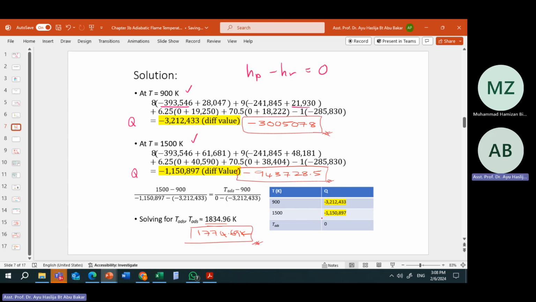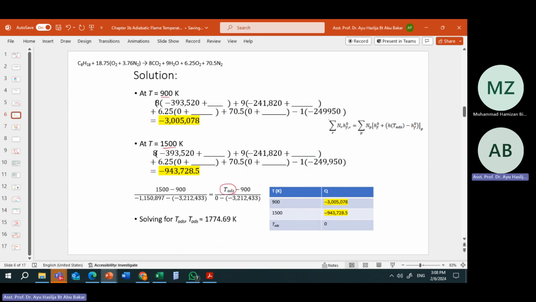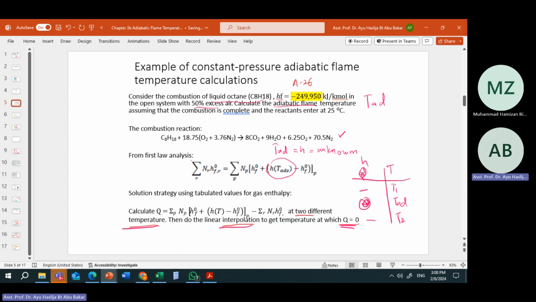Okay, then we do interpolation or extrapolation by using the Q value. So at T adiabatic, Q must be 0. Yeah. So from there, you do the math, then you will get the T adiabatic. Yeah, so sini tadi, this is Q, sorry.